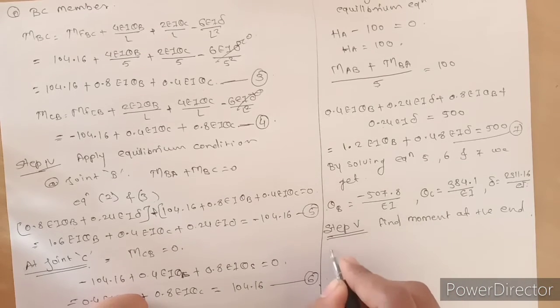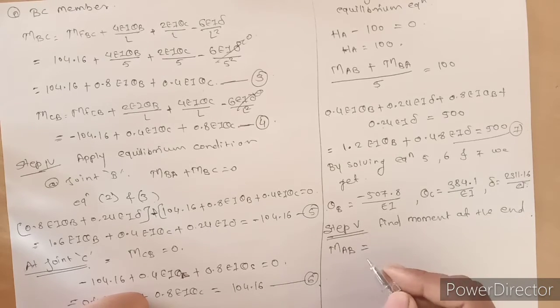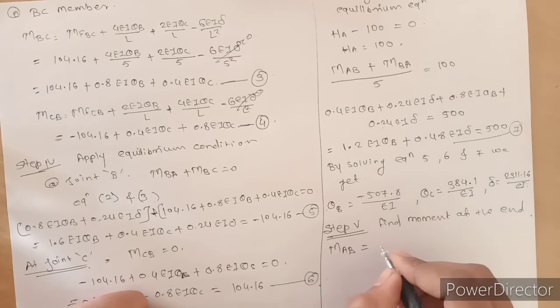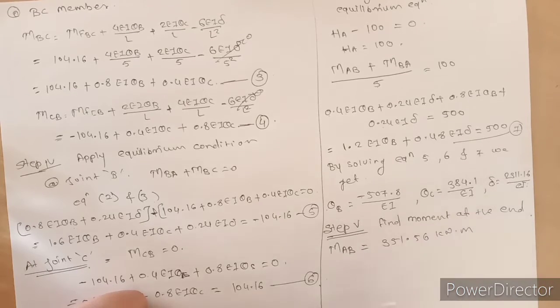First, the end moment at member AB, from the first equation 0.4 EI theta B plus 0.24 EI delta, putting in the theta B and delta values, is 351.56 kilonewton meter.